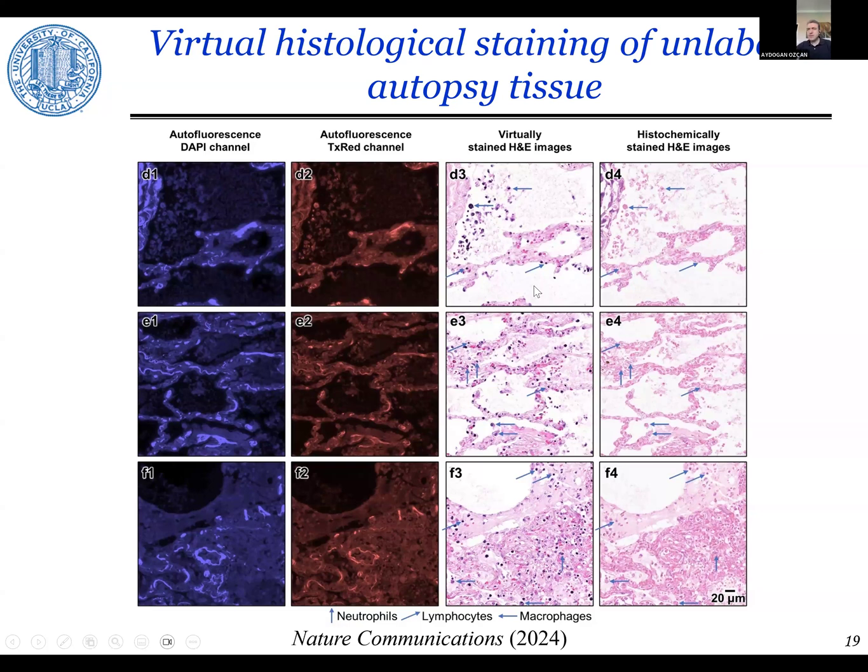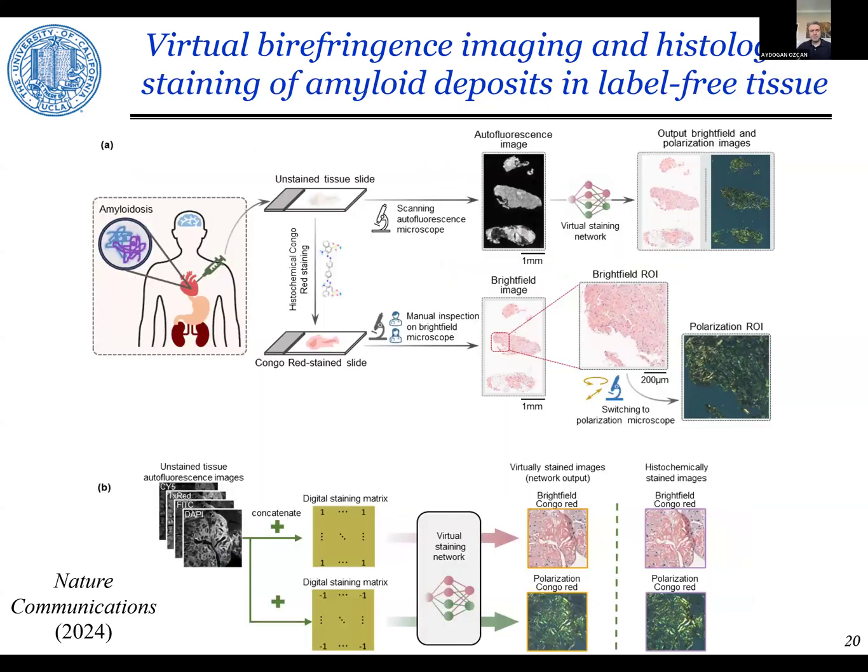Virtual staining, as it turns out, through different autofluorescence channels, like in this case, DAPI and Texas red filters, native endogenous contrast of autofluorescence, a soup of proteins at the diffraction limit, contains texture that lets us create stable and beautiful virtual H&E despite the autolysis artifacts of autopsy tissues. In a recent work, we've extended this to not just bright field virtual staining contrast, but also to polarization.